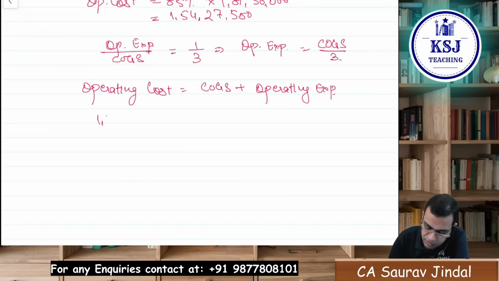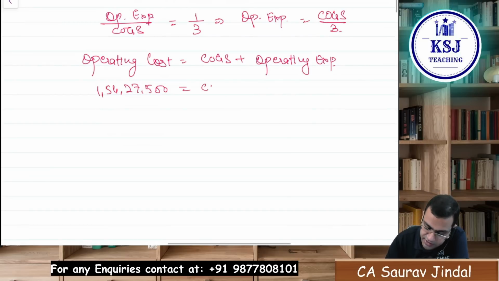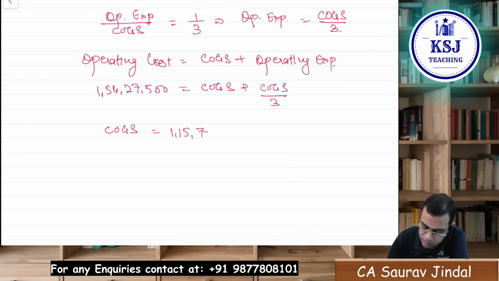So here 1 crore 54 lakh 27,500 is equal to COGS plus operating expenses. I'm writing it as COGS divided by 3. So from here you have to calculate the value of COGS, that you will get as 1 crore 15 lakh 70,625. Right? This is the value that you will get, sir.